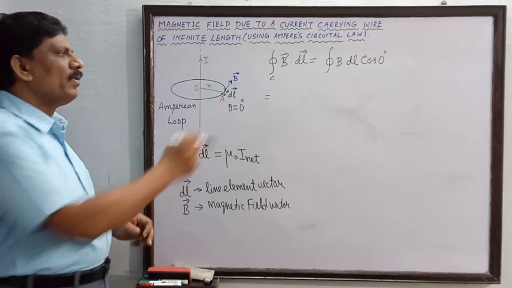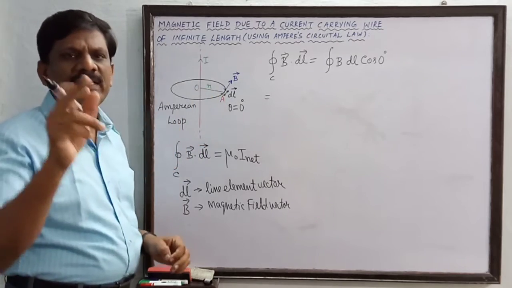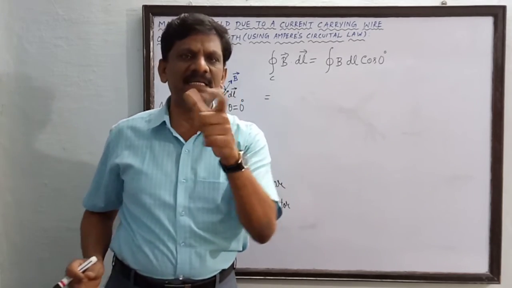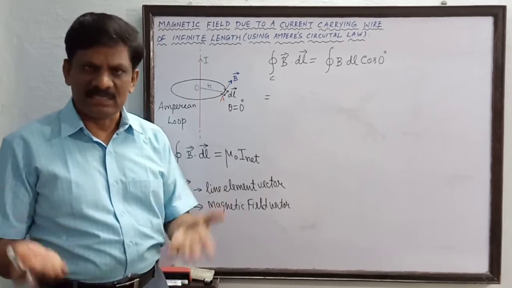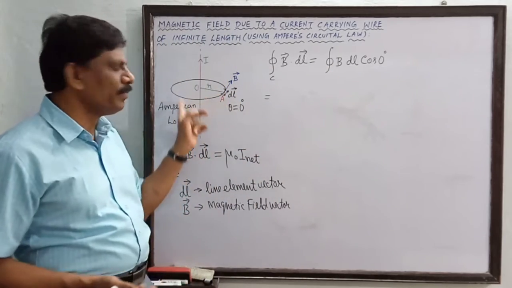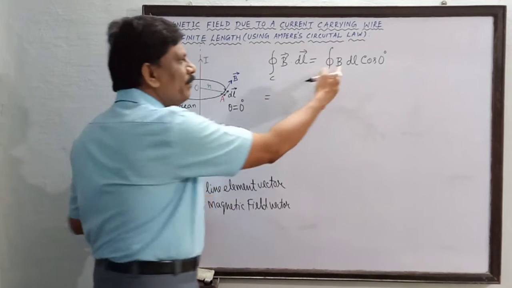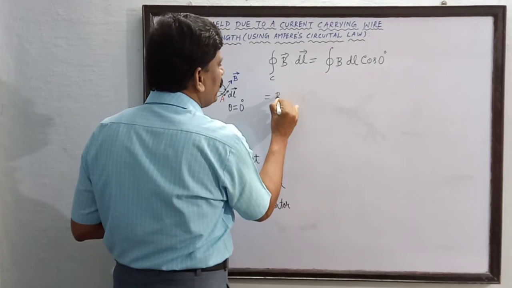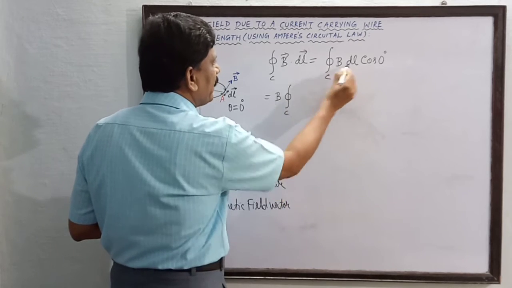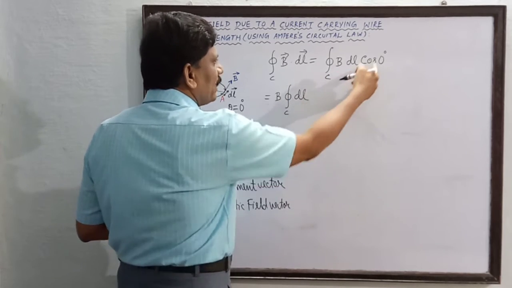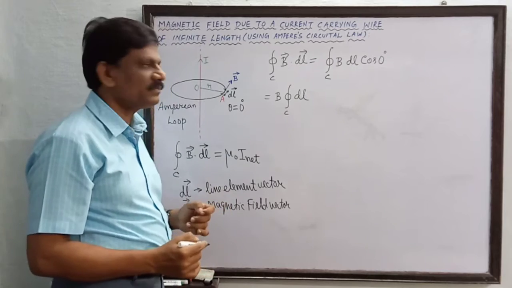You take so many points on this Amperean loop, all points are at the same distance r from the center. Therefore, naturally the magnitude of B should be constant, the same at all points. Therefore, I will take B out of the integral. So this is equal to B into the closed integral of dl. Cos 0 is equal to 1.